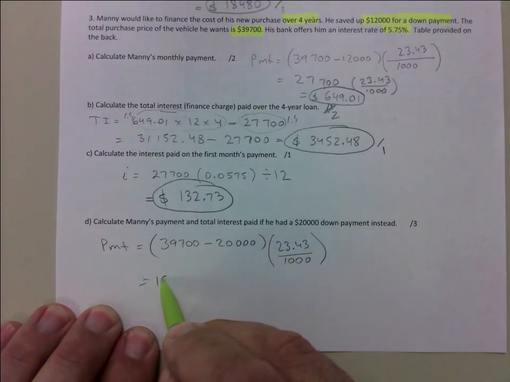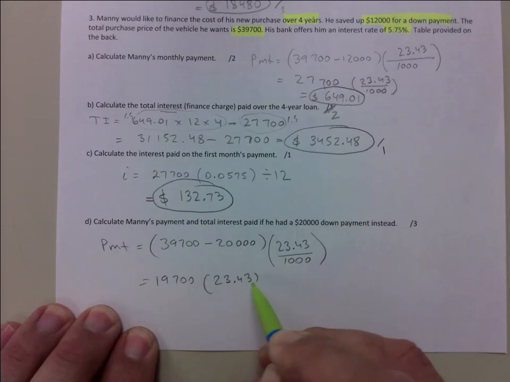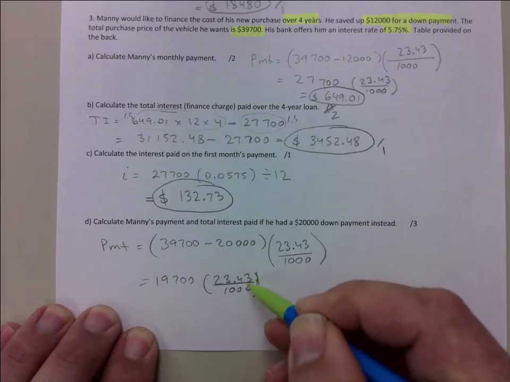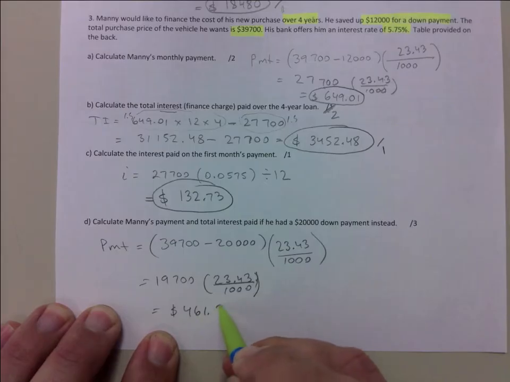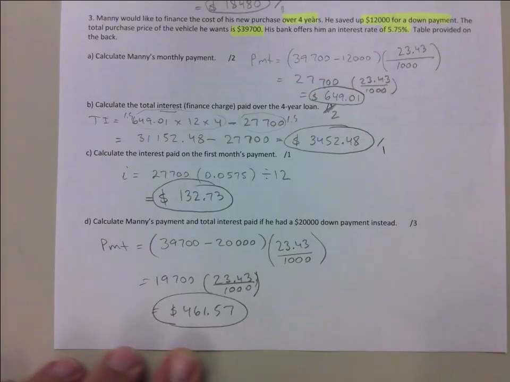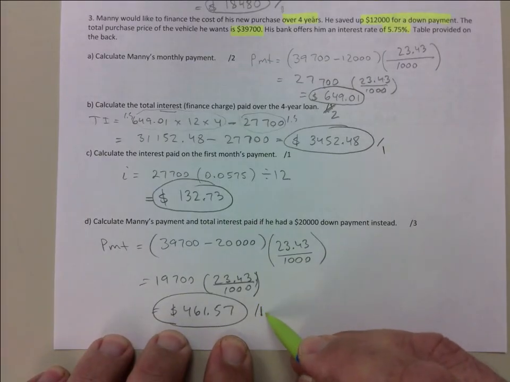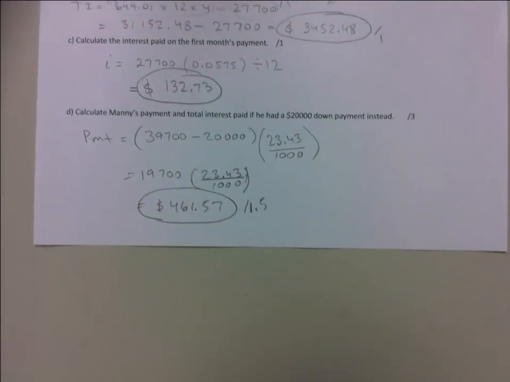So this would be 19,700 times 23.43. This is over 1,000, okay? So your payment would be 461.57. We'll give you 1.5 marks for this one.